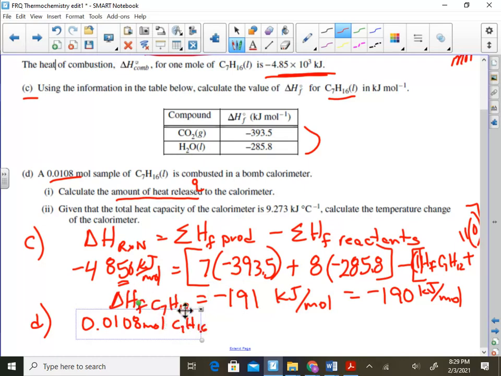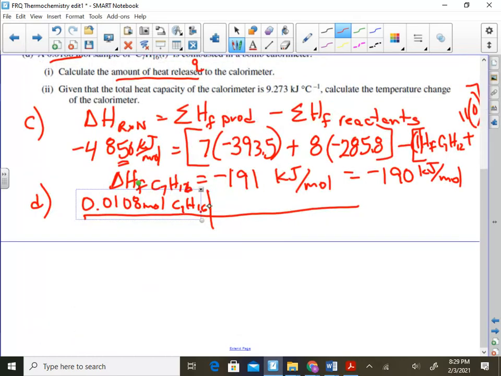And that was 660, not 12 earlier. Okay, and divide that by the molar mass. And so the molar mass of this, so we have 1 mole of this giving us 4,850 kilojoules.